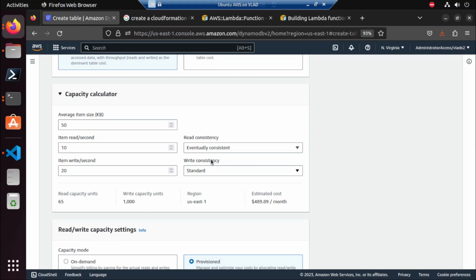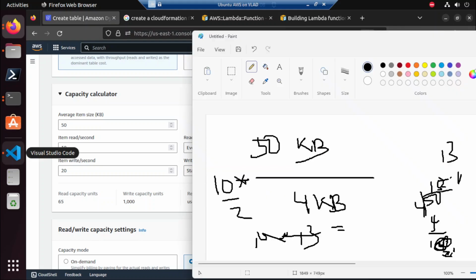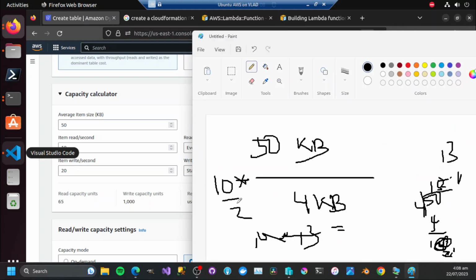Mm, and why? Because 10 divided by 2 is 3, but it needs to fit in 4 KB. How many 4 KBs can support 10?